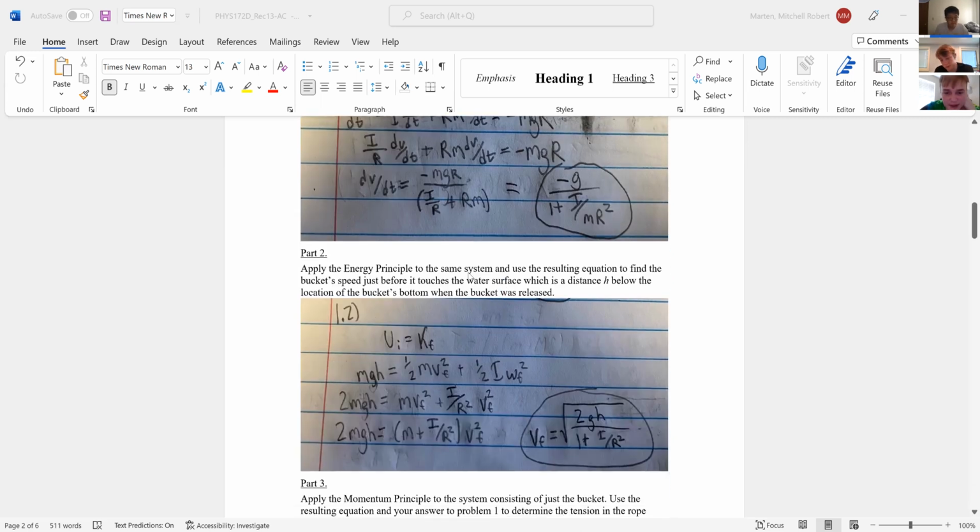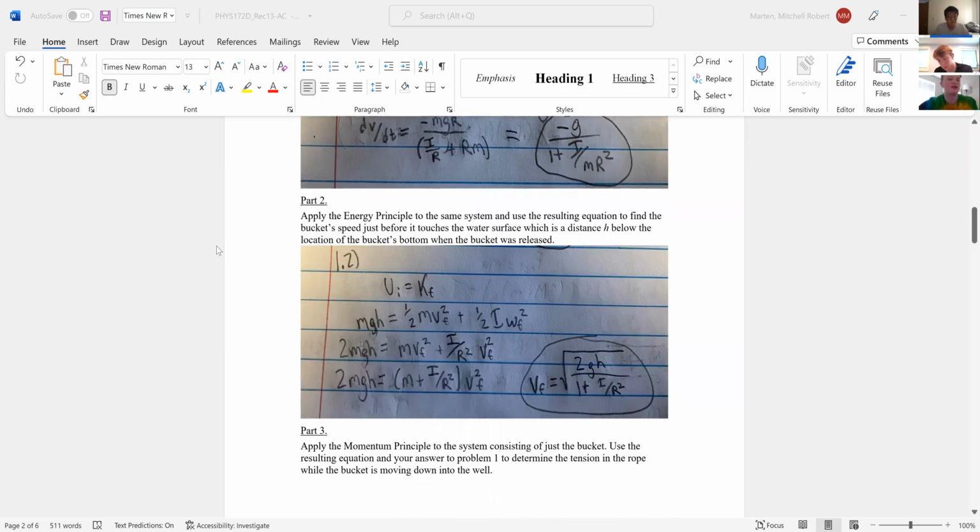Part two asks us to apply the energy principle to the same system and find the bucket's speed before it touches the water surface, a distance h. So this is just the simple energy principle that the initial potential will be equal to the final kinetic, because we're assuming that as it falls a distance h, all of that potential energy is converted to kinetic.